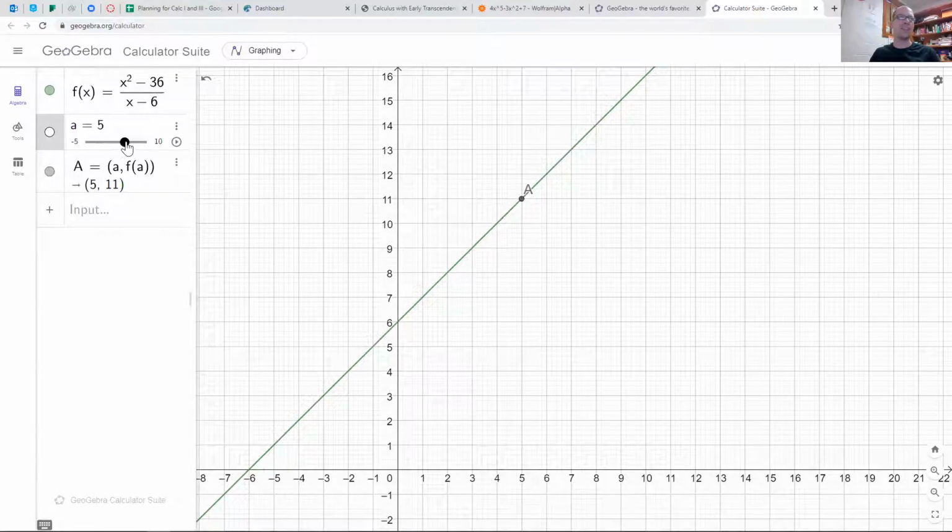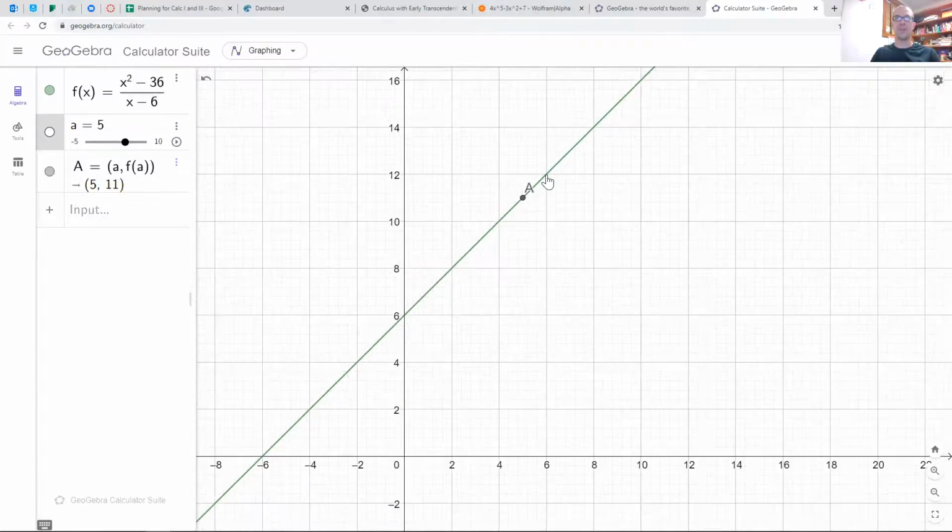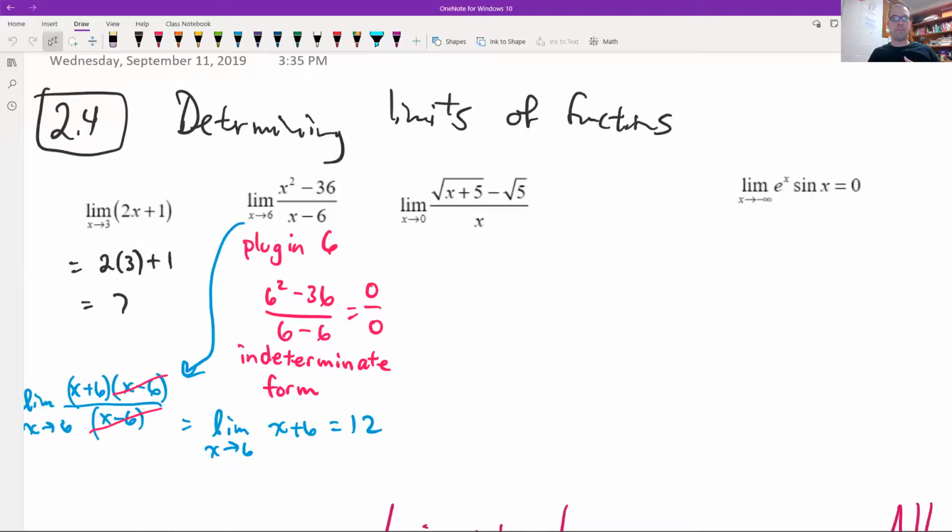In the pattern, it does look like we'd be aiming towards y equals 12 as the value that we are approaching. So from the left, from the right, we are approaching 12, just like we found numerically here, analytically.